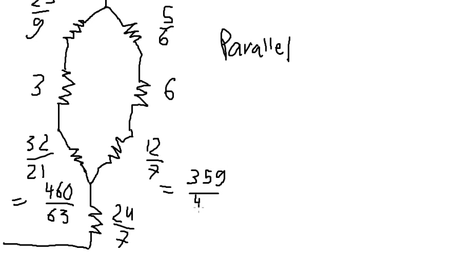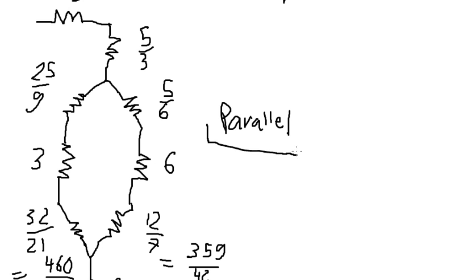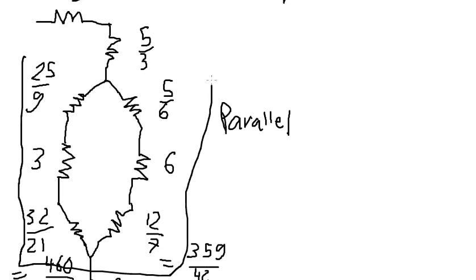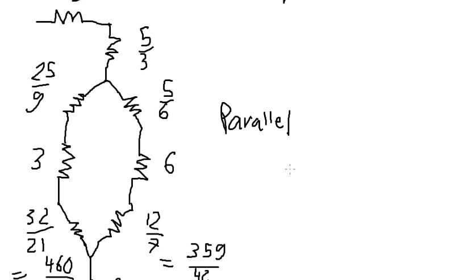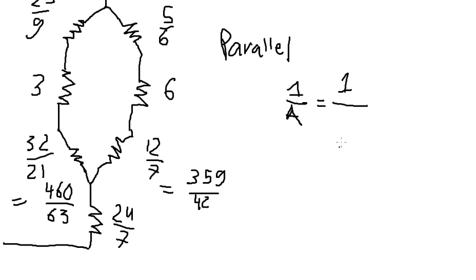Because this is parallel, we can find the resistance of this one in here. That should be 1 over R equals 1 over 460 over 63 plus 1 over 359 over 42.